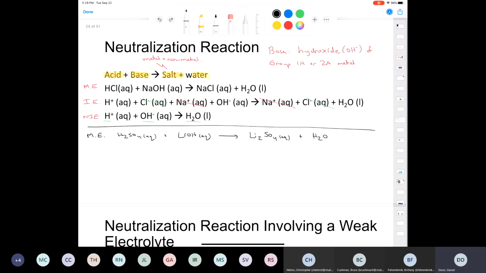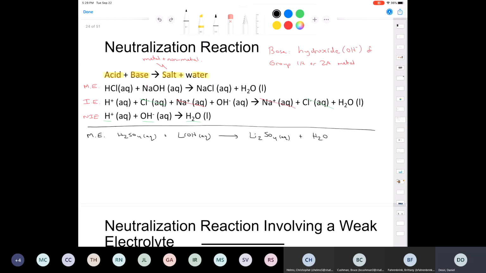Now, you probably noticed that this equation is not balanced. Let's do that. You can see that on the left-hand side, I have 1, 2, 3 hydrogens. We could probably make it simpler than that if we started with the lithium, because we have 1 lithium here and 2 lithium here.